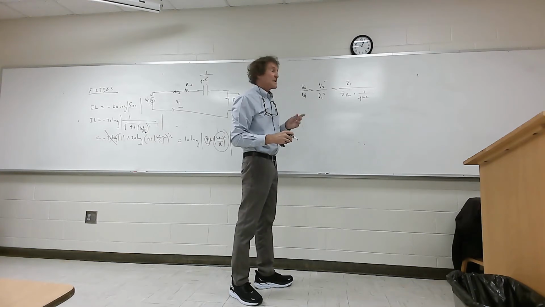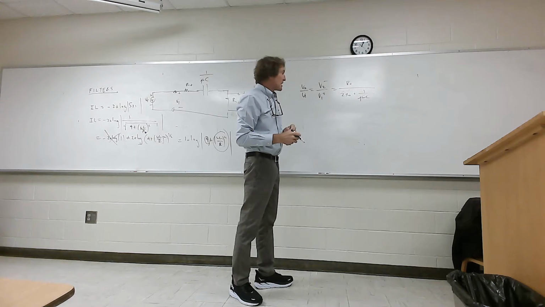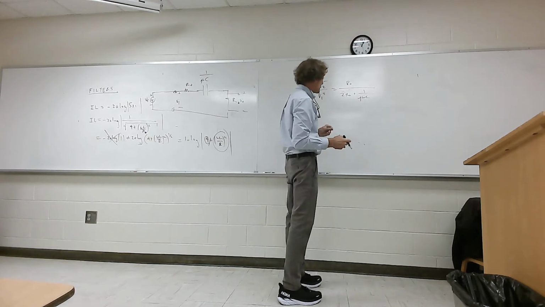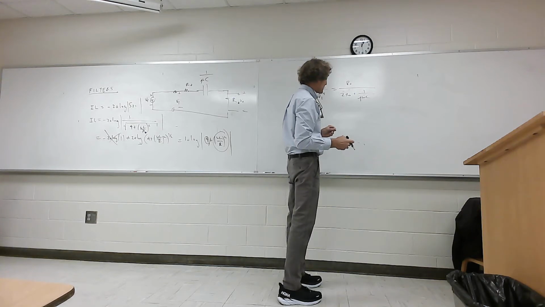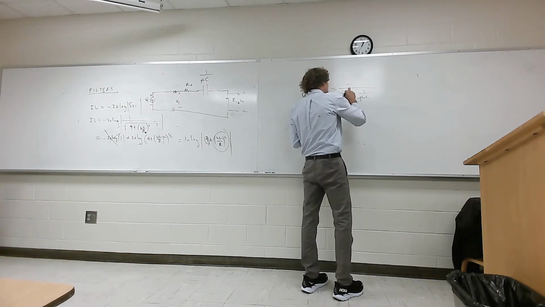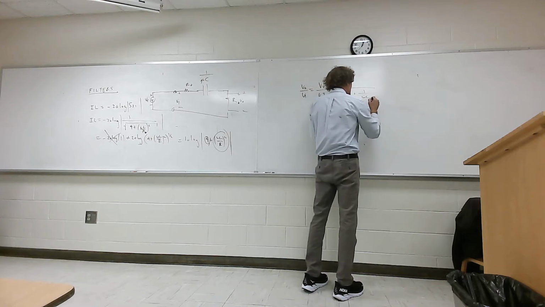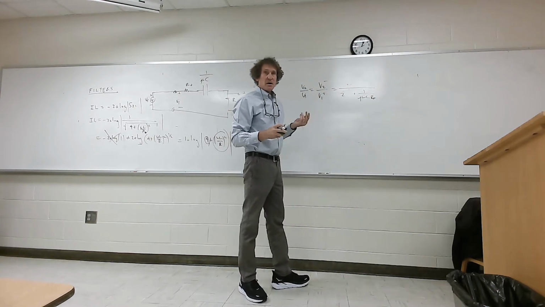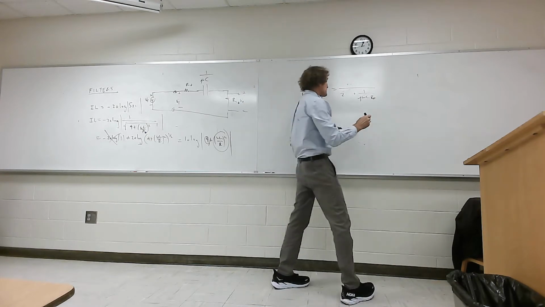Well, depending on how you want to do this, I could multiply everything by J omega C if I wanted to. Probably the easiest thing to do would be divide top and bottom by R naught. And if I do that, I get this, right? And then, if I want the magnitude of that, what is it going to be?